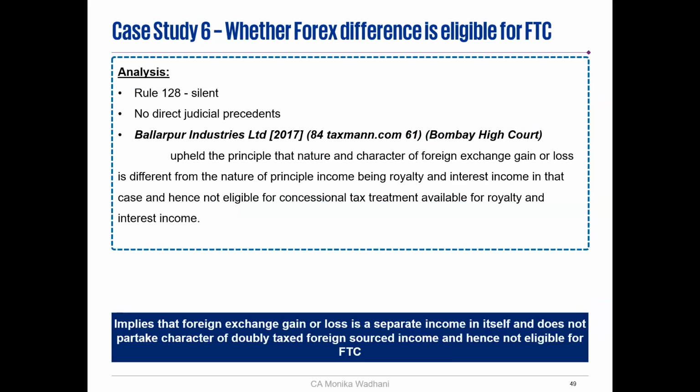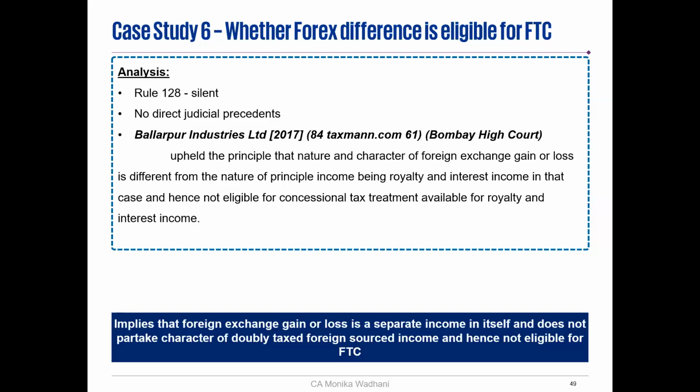So, there are no direct judicial precedents, but I came across a Bombay High Court ruling in the case of Balarpur Industries, wherein the Bombay High Court has held that the nature and character of foreign exchange gain or loss is different from the nature of the principal income, being royalty and interest income in that case, and hence not eligible for concessional tax treatment available for royalty and interest income.